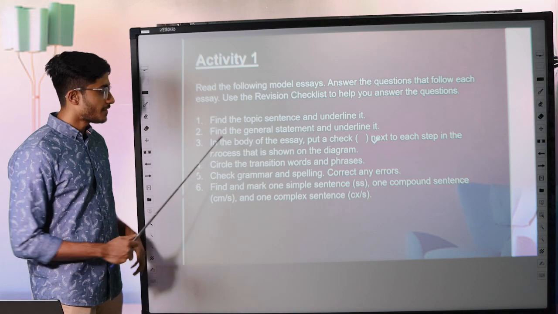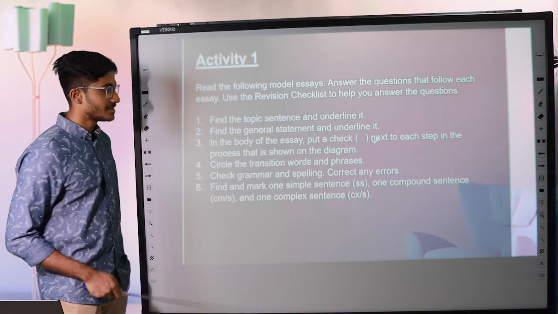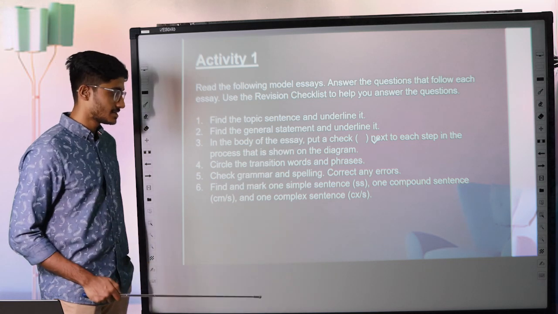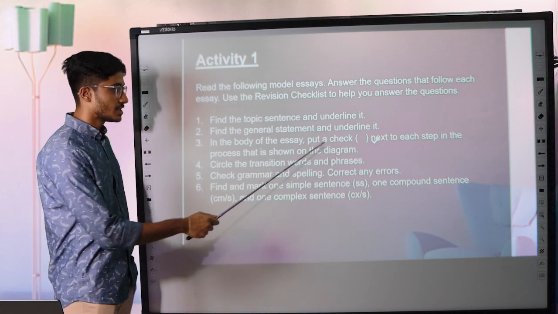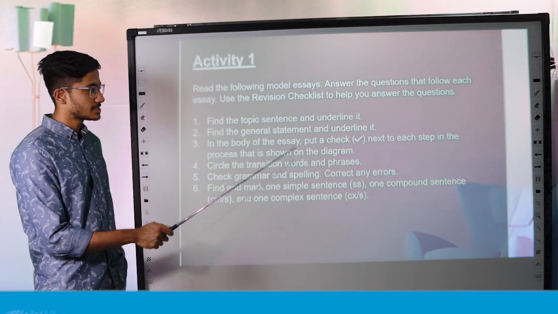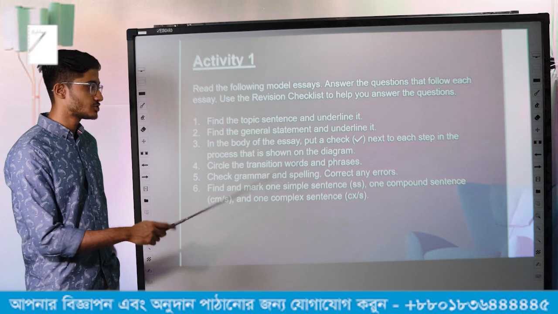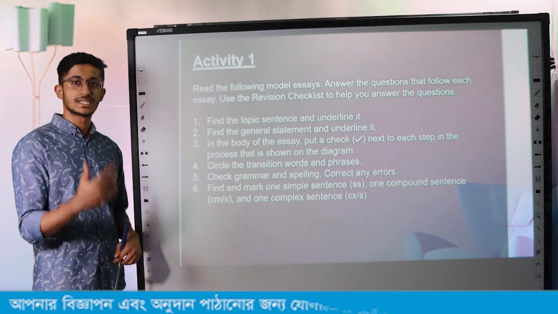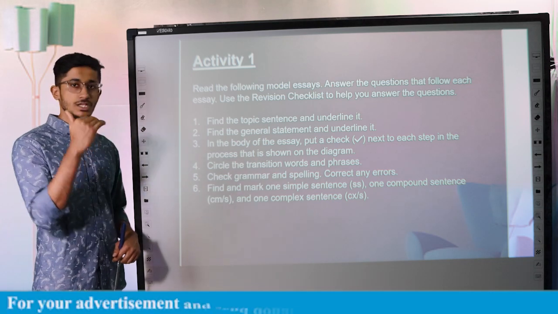So you need to find the topic sentence and underline it. You need to find the general statement and underline it. In the body of the essay, put a tick mark next to each step in the process that is shown on the diagram. So in the body, the whole process diagram is going to be explained through each of the steps.